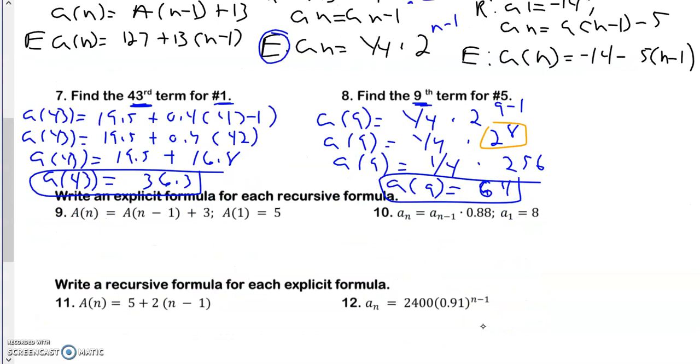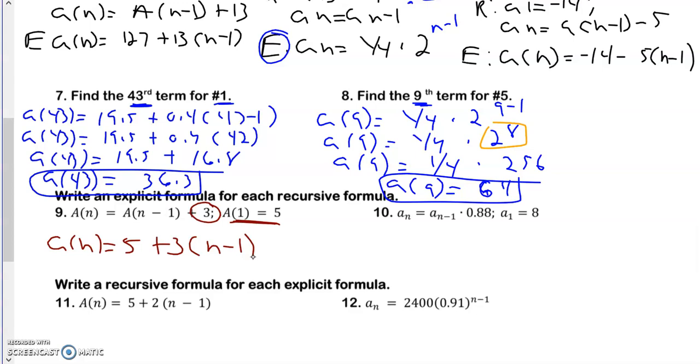Taking a look at the next one. So we need to write the explicit formula for each recursive formula. So we have to write an explicit formula from each recursive. So we know that this is my starting, so that's going to go A of n, and I start with that number 5, and my common difference in this situation would be +3, and then I do n minus 1, and I'm done.